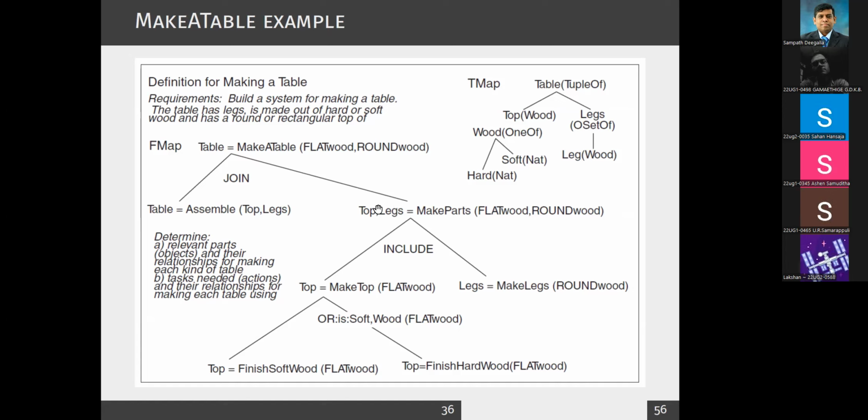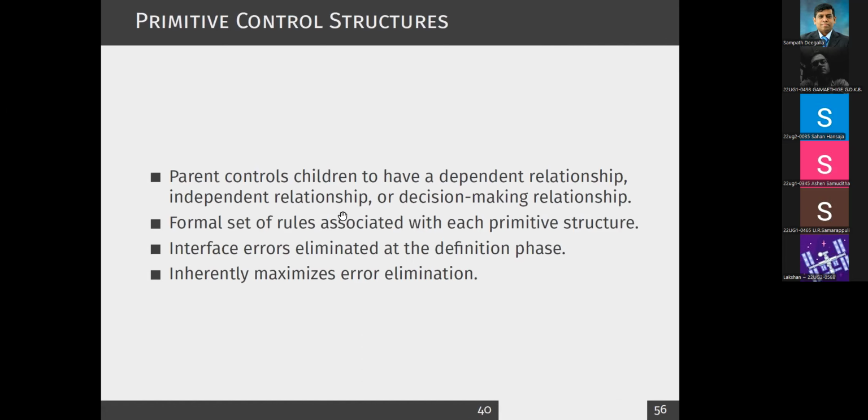Once you have this, then you implement this one, right? So it's a join operation where you finish the top and the legs, and these can be used to assemble and generate the table. So you make the parts and then you assemble it, right?